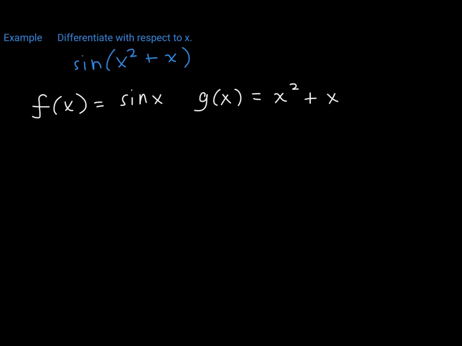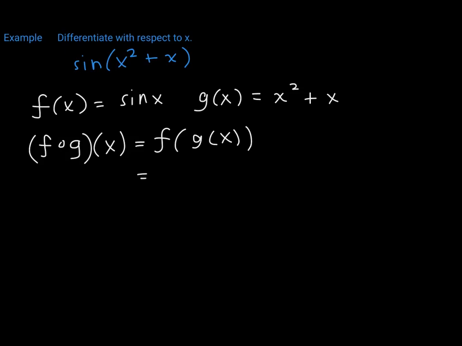Just in case, I just want to make sure that everyone sees that when I compose f and g together, I get this function that they're giving me. So this is by definition f of g of x. So then this is f of x squared plus x. And so I plug this or substitute this expression into function f, which I'm calling sine.